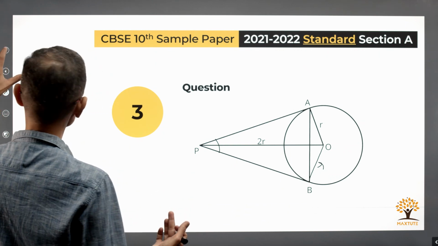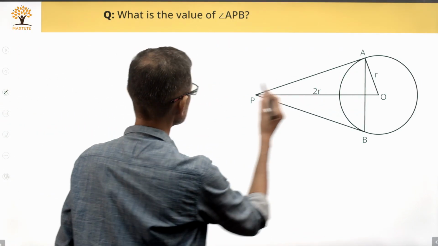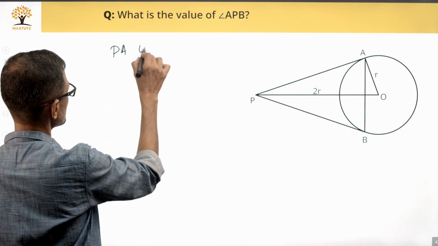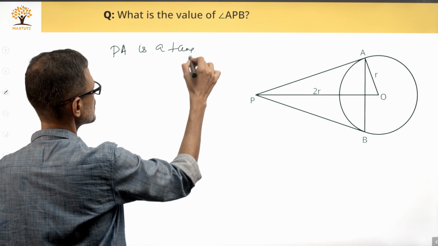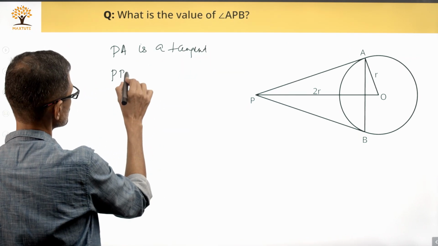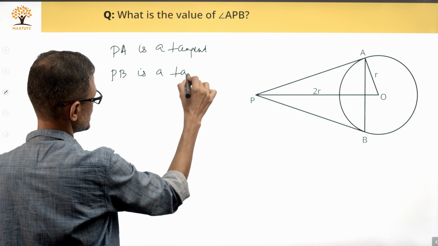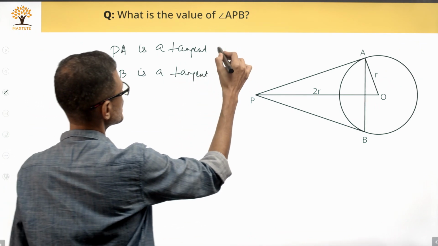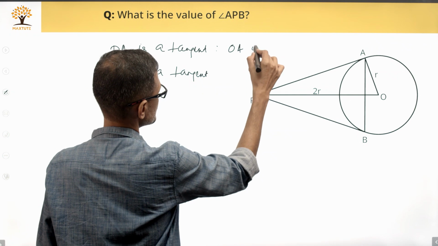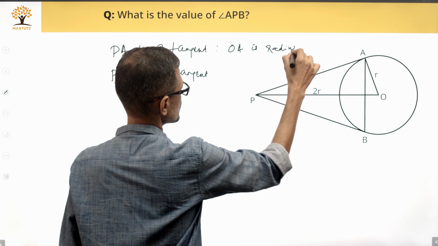So, let us establish a few things. First, we know that PA is a tangent, PB is also a tangent. So, both of these are tangents, and OA is a radius, so is OB.